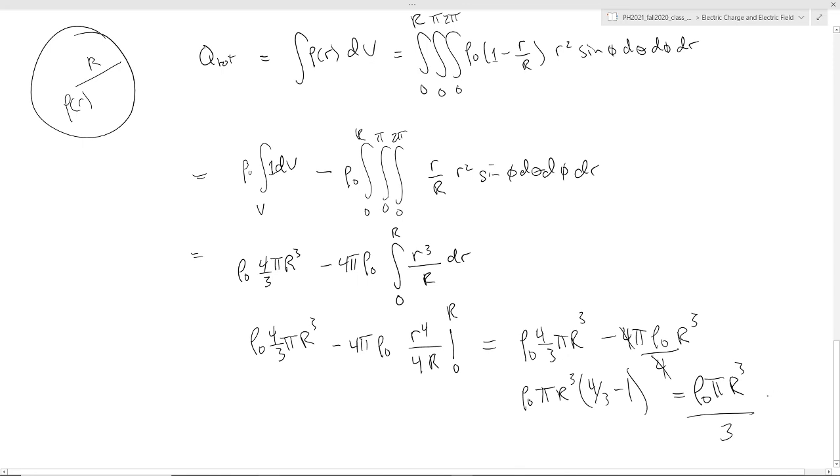And that would be the charge inside this sphere of radius R that has this charge distribution that goes like 1 minus r over big R.